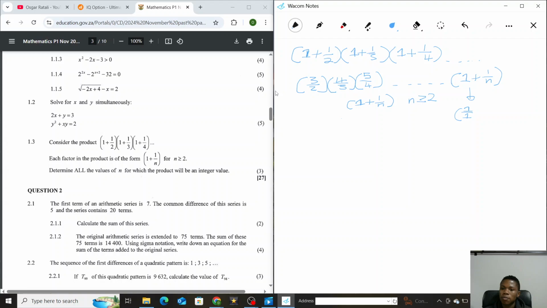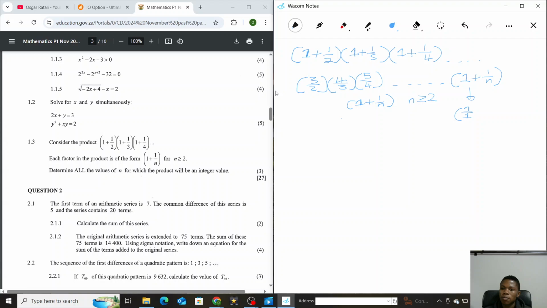Therefore, if you can see, this 3 will cancel this 3, this 4 cancel this 4, and this 5 will cancel the 5 that will be a denominator here, and this n will cancel this n, and the numerator that will be here before this number will be n minus 1.